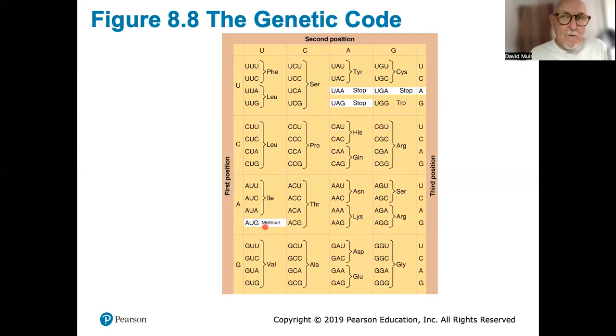There's one other thing I want to point out, and that is that these codons originated in a DNA code. So what is the DNA code that produced this 5' U?